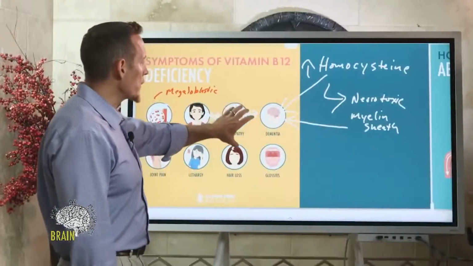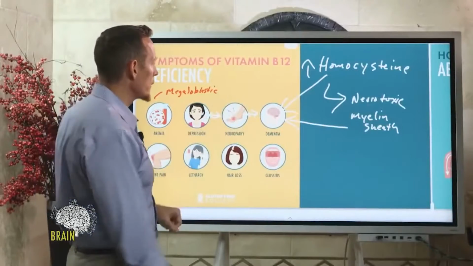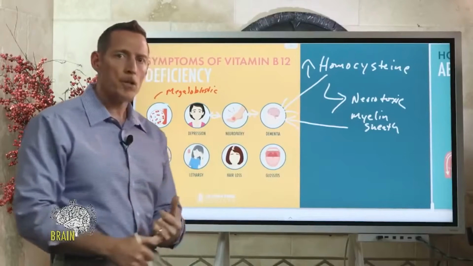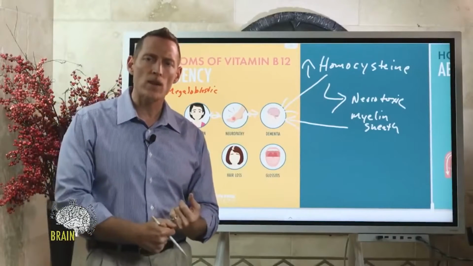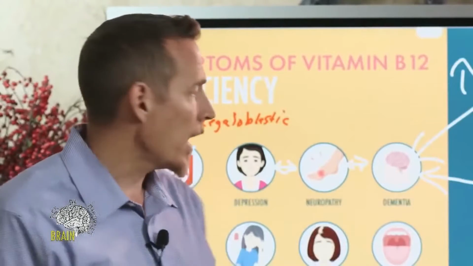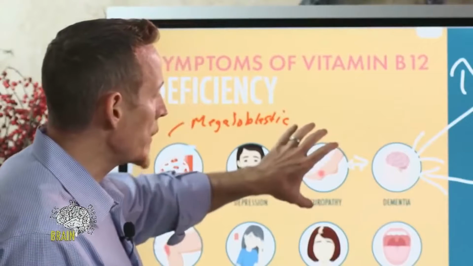But in my experience, it's very, very common for B12 deficiency to be overlooked. And so if you've got numbness, tingling, temperature sensation changes in your hands, feet, your periphery, and you don't know why, and there was no trauma, you never injured your back or neck, think vitamin B12.